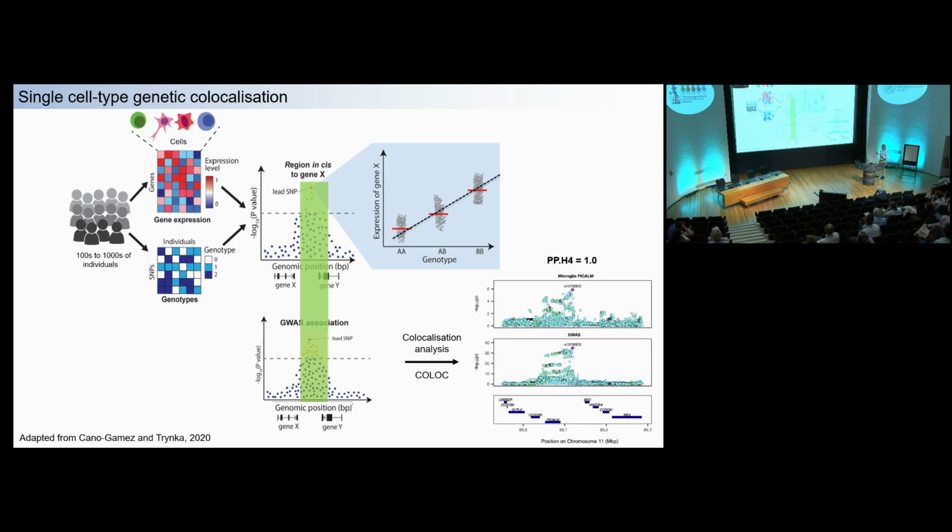So this is data from our lab, where on the top here we have the eQTL Manhattan plot, and we can see that the lead SNP here, associated with the expression of PICALM gene in microglia, is exactly the same as the lead SNP, which confers risk to Alzheimer's disease at genome-wide significance at this particular locus.